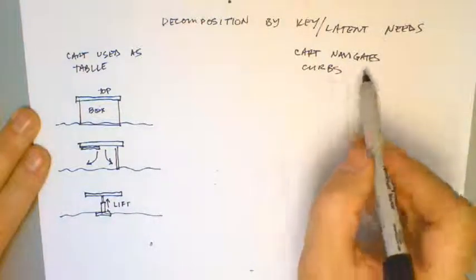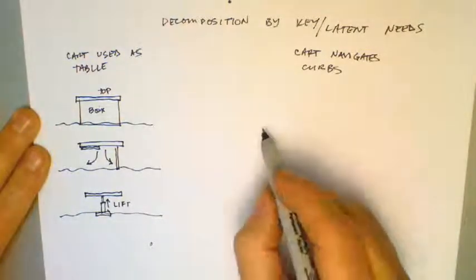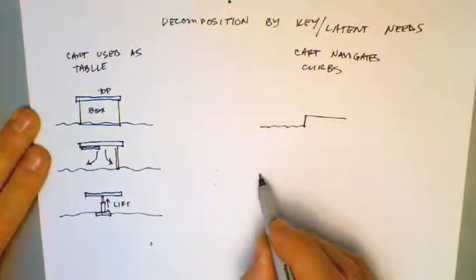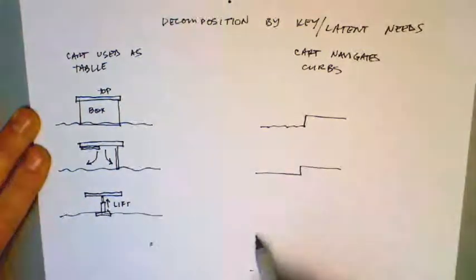Now, if I look over here at cart navigating curb, we might say, well, what are some ways that a wheeled vehicle might navigate a curb? So here are some curbs.